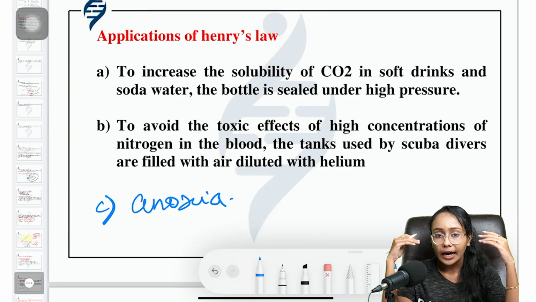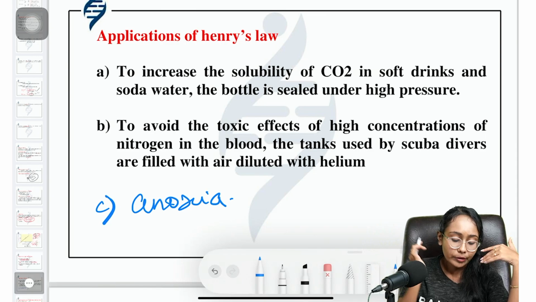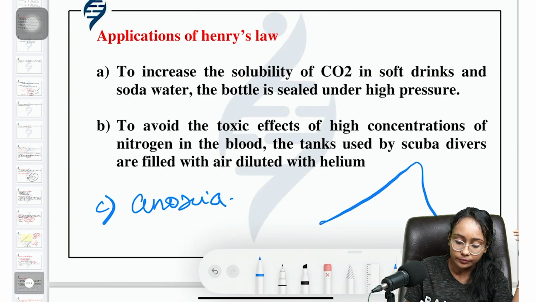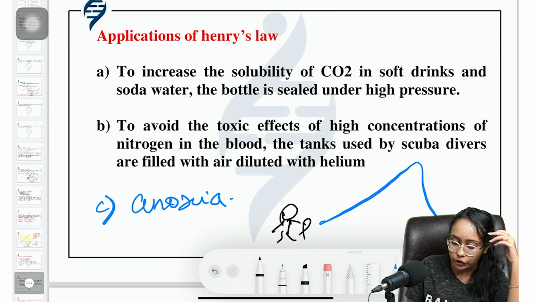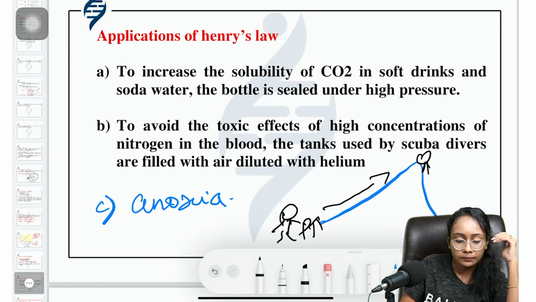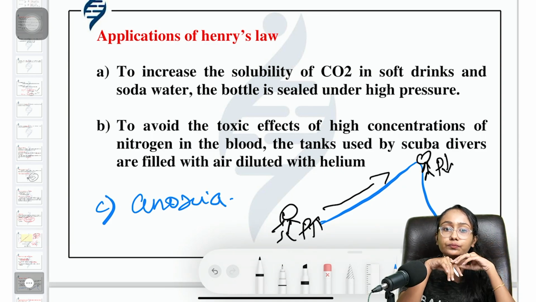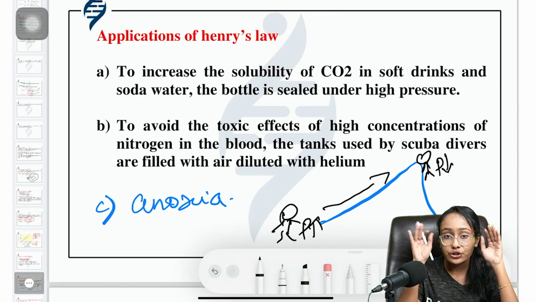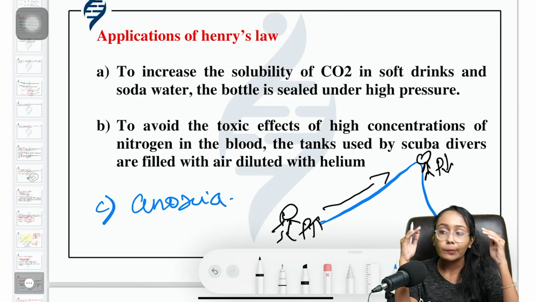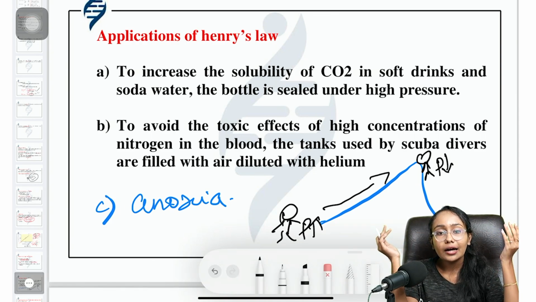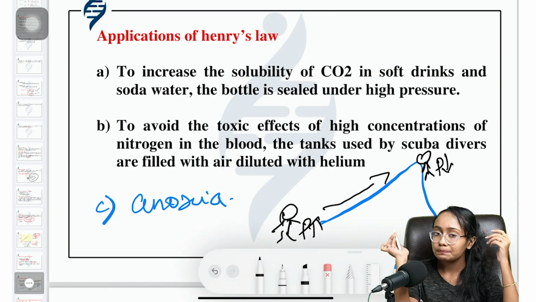Anoxia. As a person goes uphill, this is a mountain. The person is here, where pressure is actually high. As he goes from here and reaches here, pressure is very low. In this condition, he may not be able to think properly, and blood may come out of his nose.